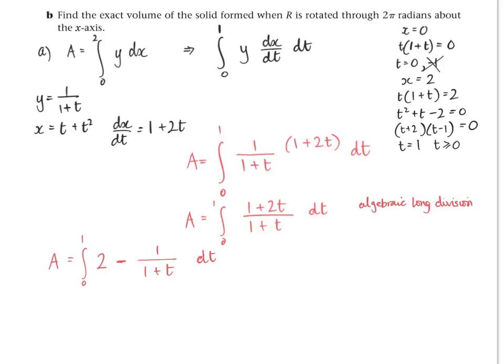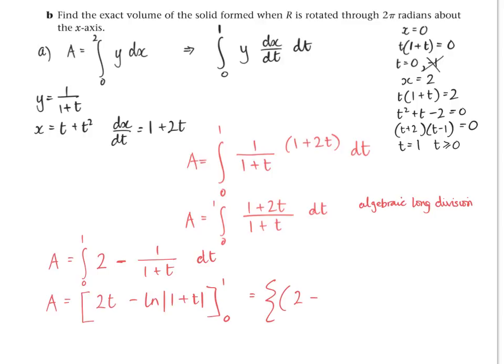Right, we can hopefully start to integrate. So the area is going to be 2t minus ln of (1 plus t), in between 0 and 1. Put your limits in.